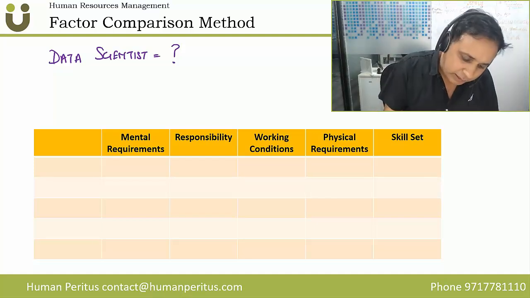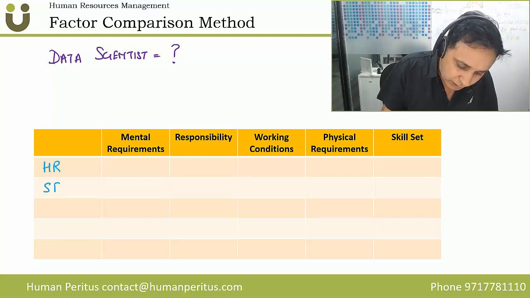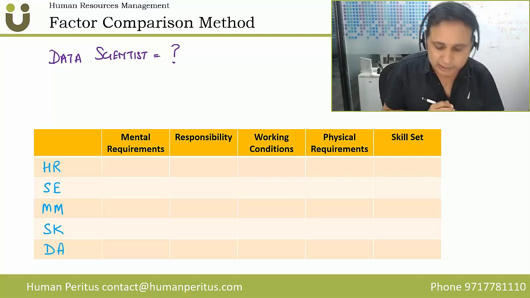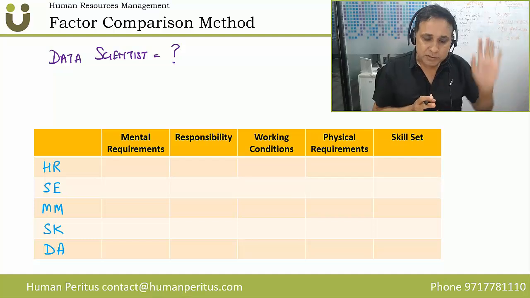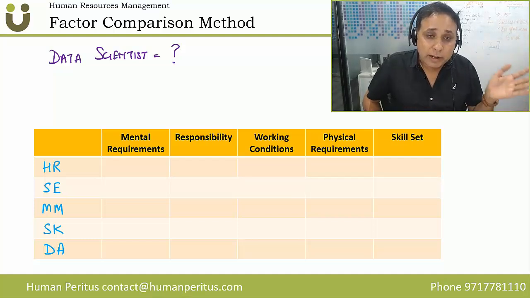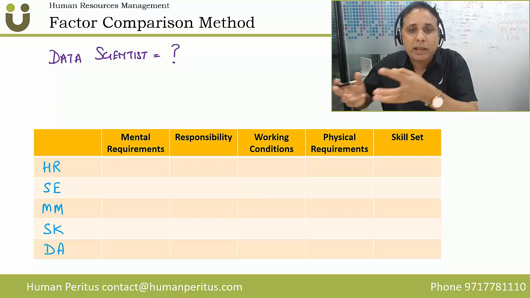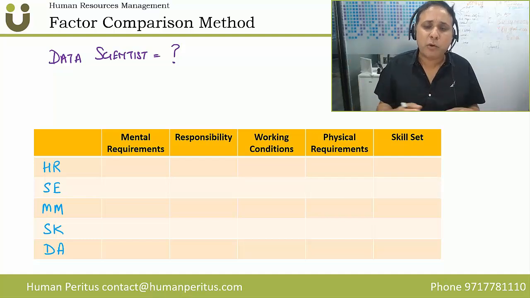Maybe I take HR manager, software engineer, marketing manager, storekeeper, and let me take one more, maybe a data analyst. So I have taken 5 standard jobs. Now I'll find the worth of these 5 jobs in monetary terms from my existing system, because I already have them.